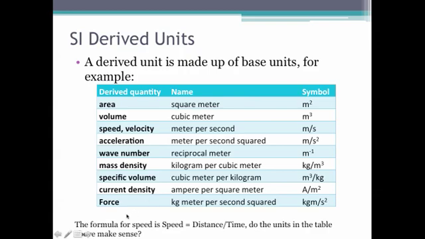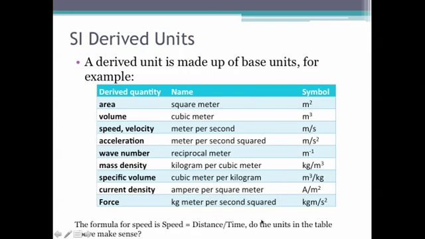I've got a little thing down here that says the formula for speed is equal to distance over time. Do the units in the table make sense? I'm just alluding to the fact here that the units that you get when you perform a calculation should be consistent with what you'd expect. So for example, speed and velocity, speed's measured in meters per second, there it is there, meters over seconds is meters per second, you can read that as.